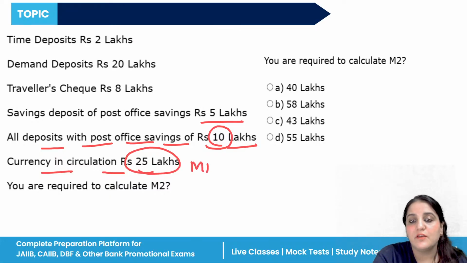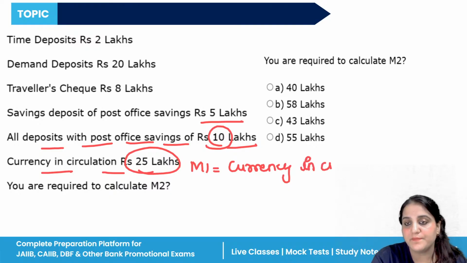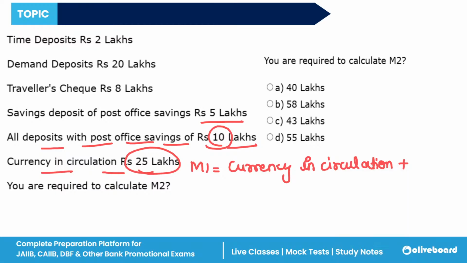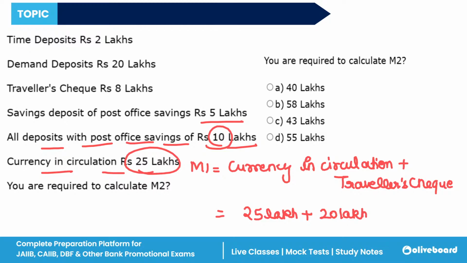M1 is whatever the currency in circulation plus traveler's checks, that is equal to 25 lakh plus 20 lakh, and we have to add demand deposits also. Then it is equal to near about 53 lakh.